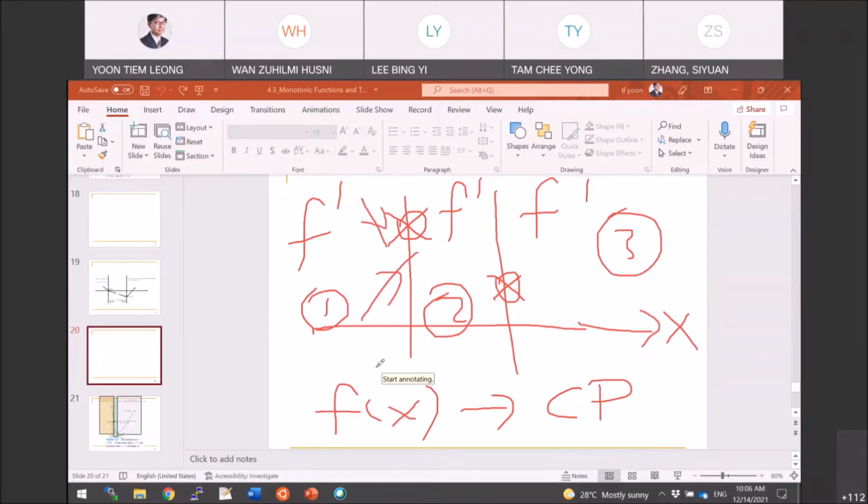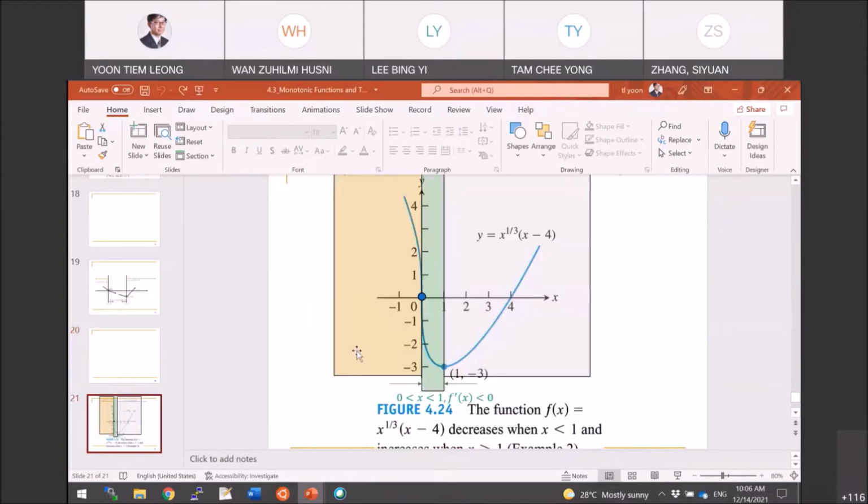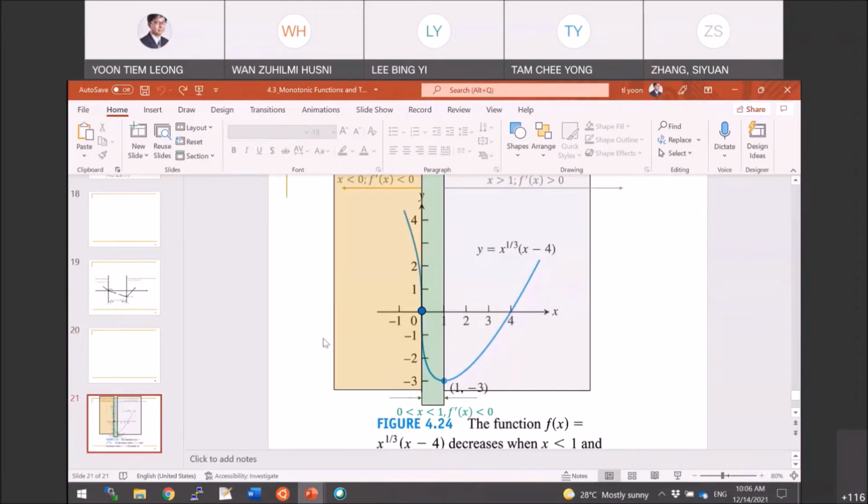So for example, if f prime is positive in region 3, then you know the function must be going up when x moves to the right. So by doing these sorts of things, you can join up the graph and provide a sketch of the shape of the function in these three regions. Then the function, if it's continuous, has to go through the critical points. So you join up the graph. So this is one example of graph sketching.